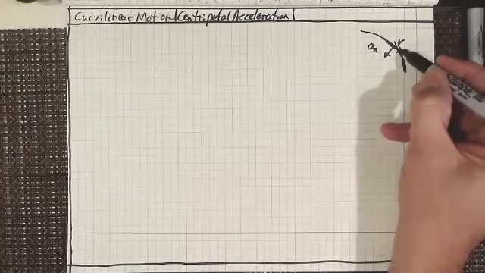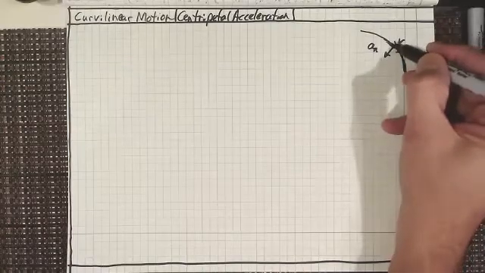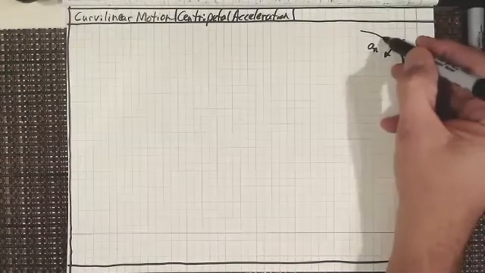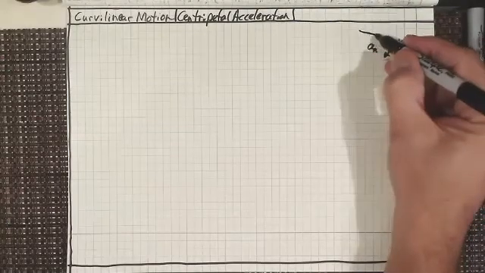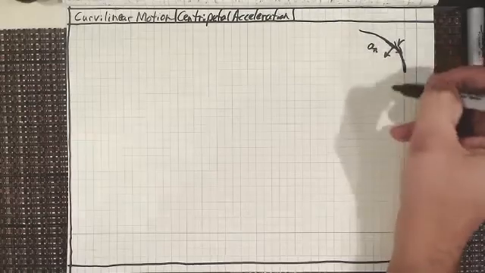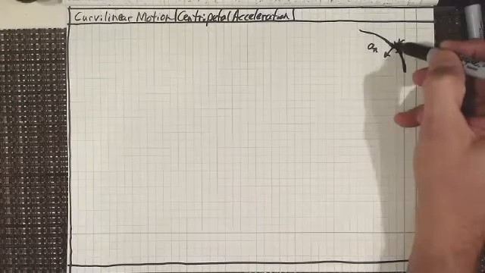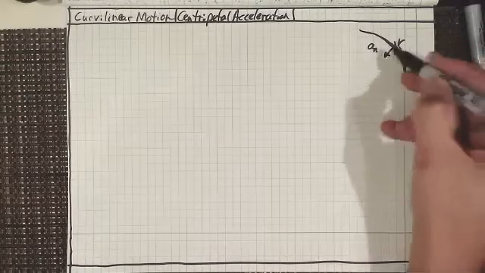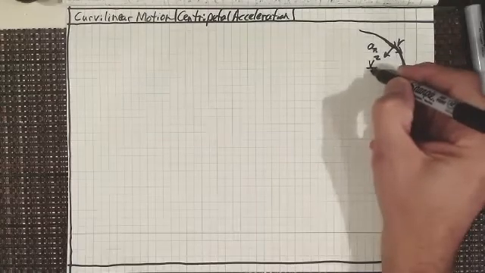And of course, the force that's equal and opposite to that acceleration is the force on the body or whatever in the car or on the vehicle or the particle that's going around this direction. We're going to have a force in the opposite direction too. But this acceleration here, v squared over r.